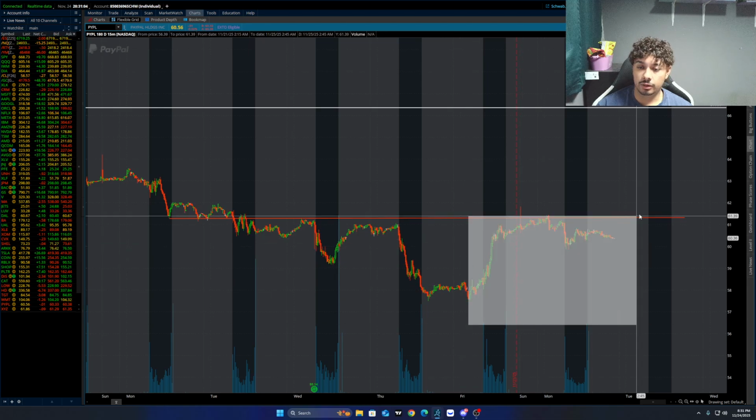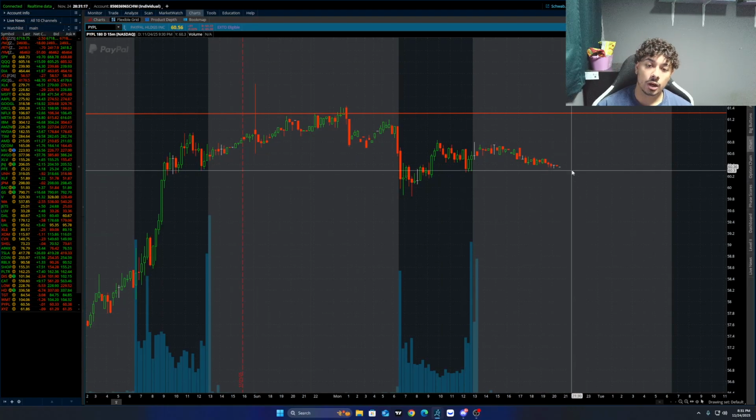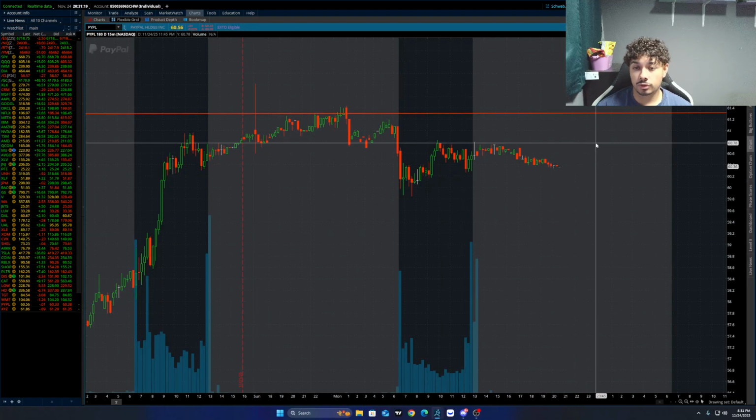And not only that, if we just take a look at intraday today, it couldn't even hold above pre-market low. It closed right on pre-market low and then just rejected right below. So I would say maybe right here could be good for some shorts as well. So the high of today, maybe that'll be a good level.